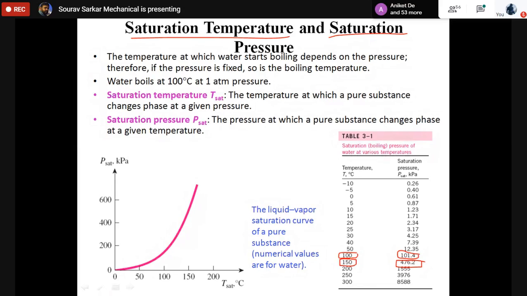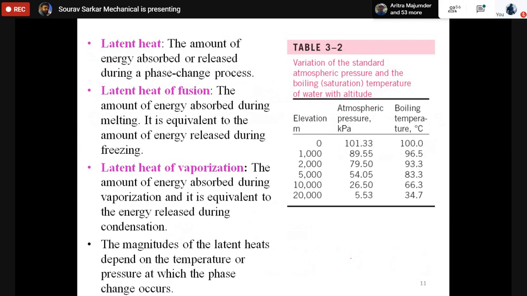Now this is just information, already known to us. I am giving one example of how it happens. Let me repeat a few points. What is latent heat? The amount of energy absorbed or released during a phase change process. What is latent heat of fusion? The amount of energy absorbed during melting, equivalent to the amount of energy released during freezing.